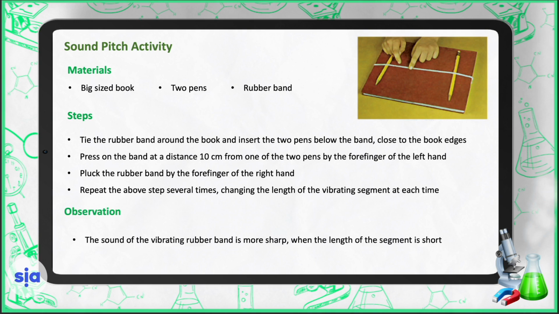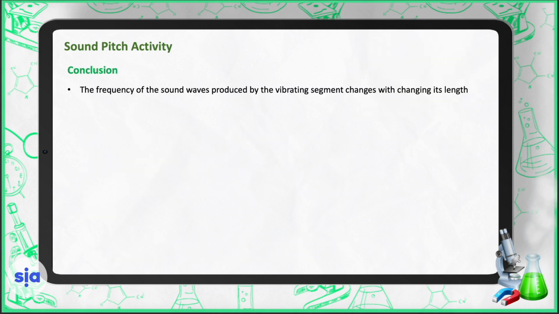You will find that the sound of the vibrating rubber band is sharper when the length of the segment is short, and it is harsher when the length of the segment is long. So the frequency of the sound waves produced by the vibrating segment changes with changing its length, and the sound pitch depends on the frequency of the sound waves.